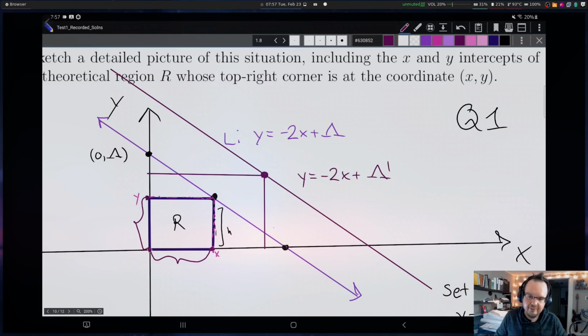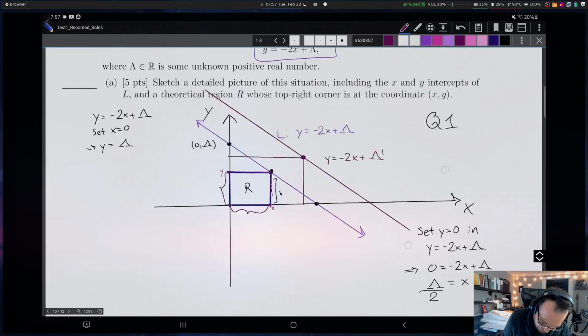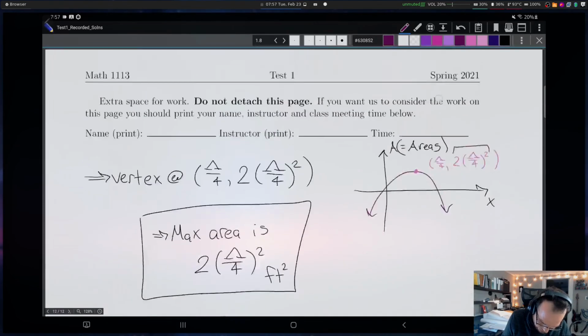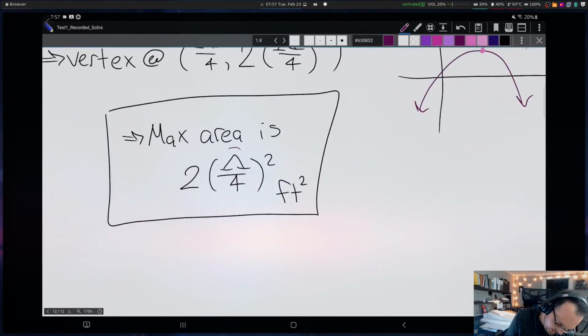But the point is now we don't have to redo this whole maximization problem. We did it in terms of this unknown lambda, so we don't have to run through all of these steps again. We can just jump straight to the end and say, look, here's the maximum area in terms of that lambda you gave us. So if you decide to change your line, okay, just plug your new lambda into this equation, and this is going to tell you what the maximum area is based on your choice now.